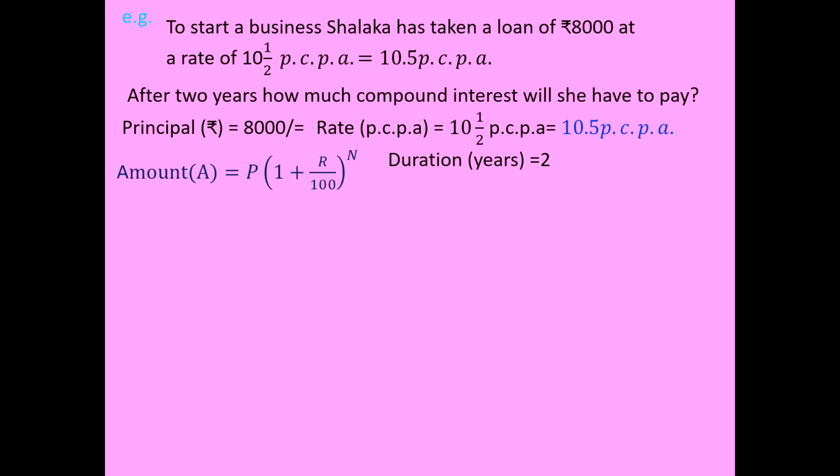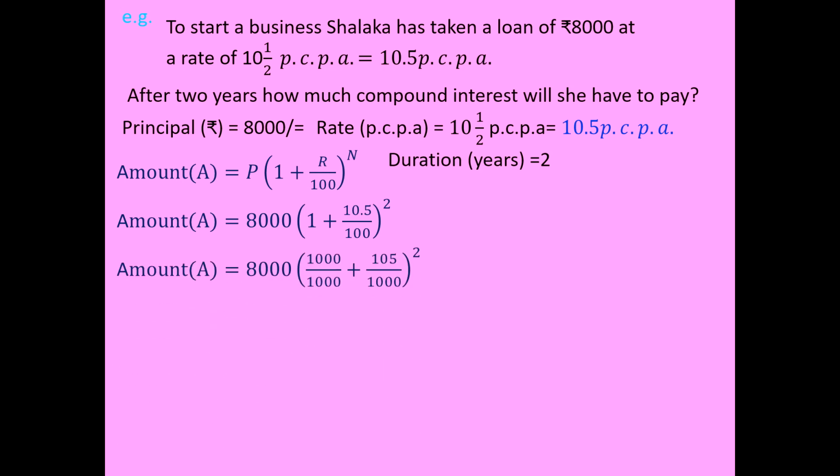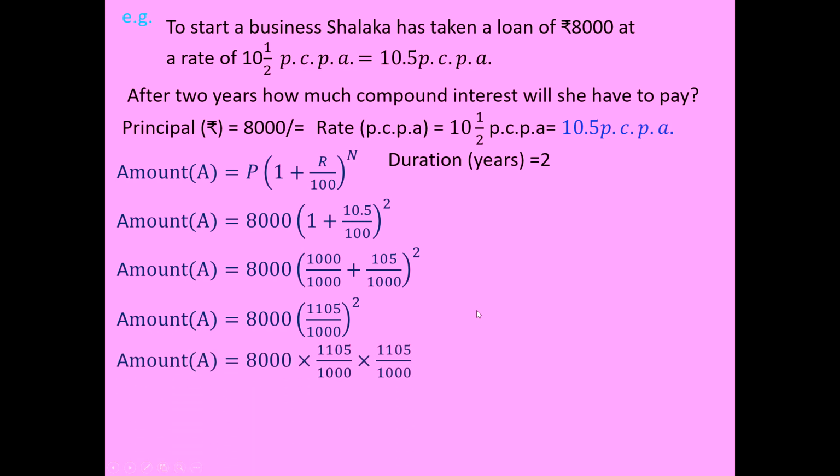Duration is 2 years. So amount formula, substitution, again converting decimal into fractional form, so the denominator became 1000, and then equalizing the denominator. Now further simplified, and we have written it in a fraction, multiplication form: 8,000 into 1,105 upon 1,000 into 1,105 upon 1,000.